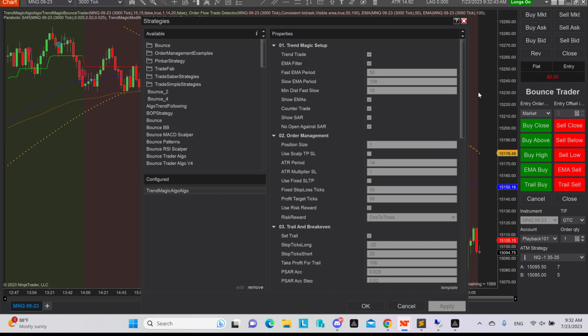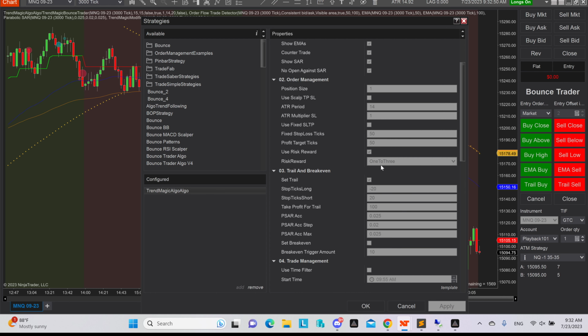I've tested a lot of settings and a lot of combinations.